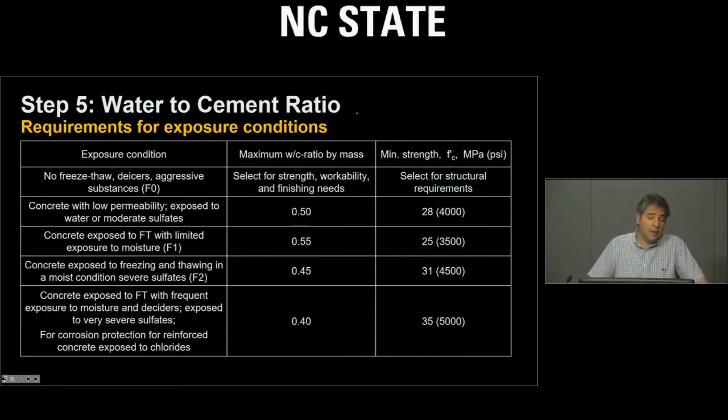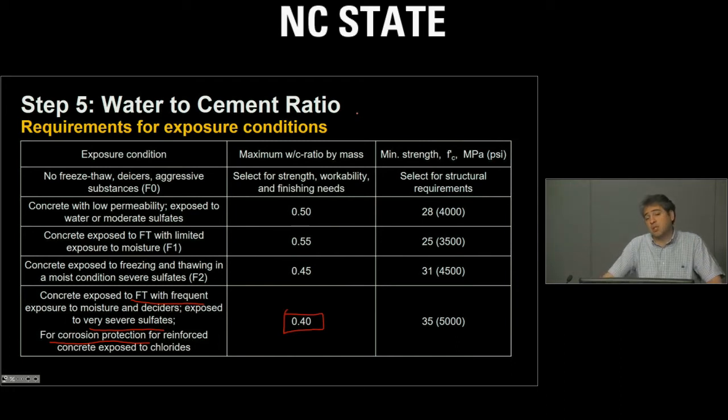Now, with regard to freeze and thaw durability, we have the same sort of requirement. Depending on the type of the exposure, the concrete has to have a maximum water-cement ratio. For example, if we are dealing with a very severe case of the concrete exposed to frequent freeze and thaw cycles and exposed to very severe sulfates, or we are worried about the corrosion of reinforcing steel, then the maximum water-cement ratio is 0.4.